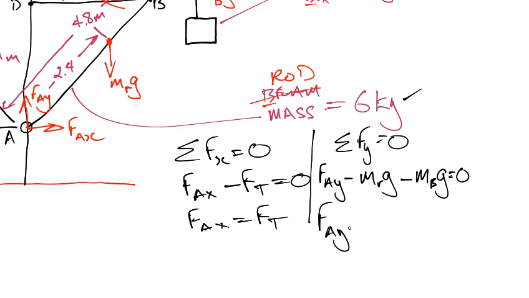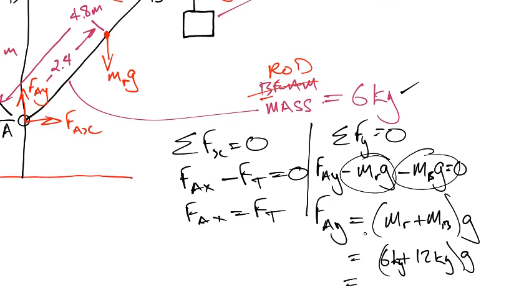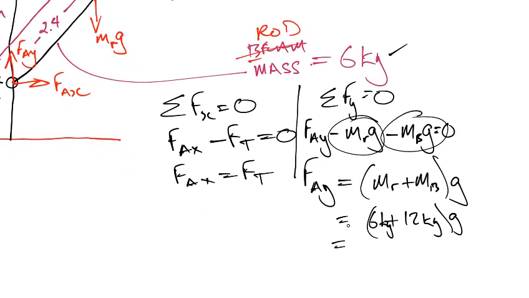So FAY is going to be equal to, we can take both these terms, put them on the other side, they become plus, and we can even factor out a G. So there it is, and we're going to get 6 plus 12 kilograms times G, and that's going to give us 18 times 9.8, and we're getting 176.4 newtons.